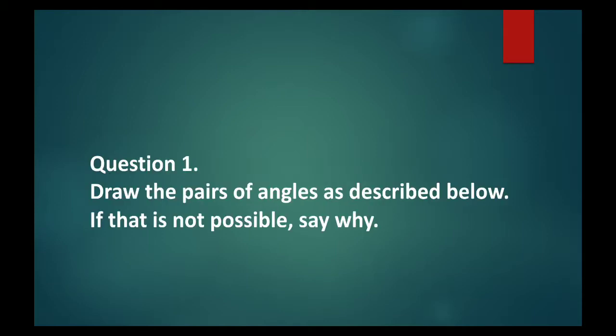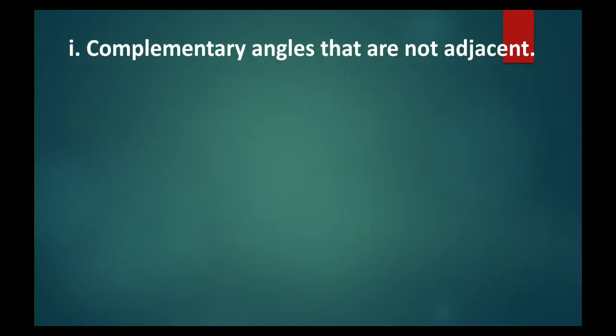Now, shall we move to the exercise, that is Practice Set 19. Draw the pairs of angles as described below. If that is not possible, say why. The first question is: complementary angles that are not adjacent. It should not be an adjacent angle.